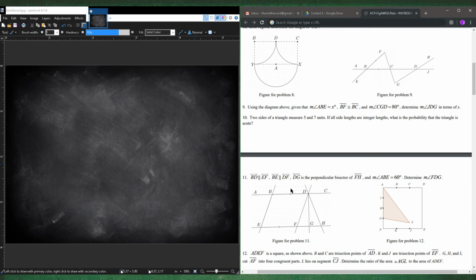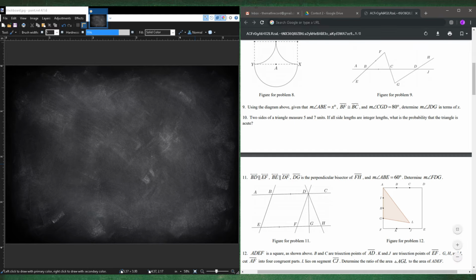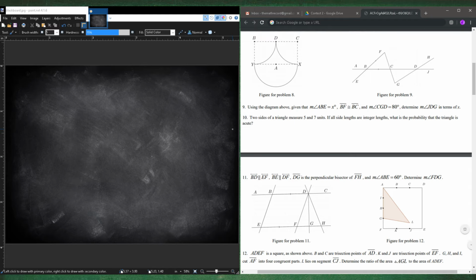Okay, number 10. Two sides of a triangle measure 5 and 7 units. If all side lengths are integer lengths, what is the probability that the triangle is acute? So, what are the possible measures for a triangle? The two smaller side lengths added together have to be greater than the third side length.